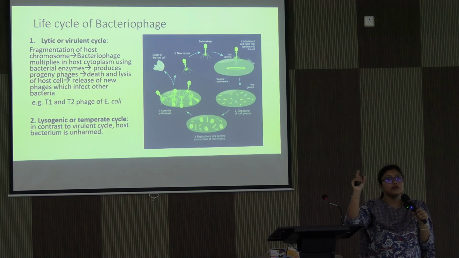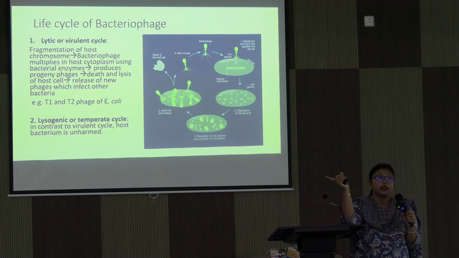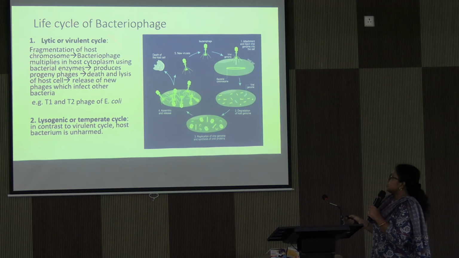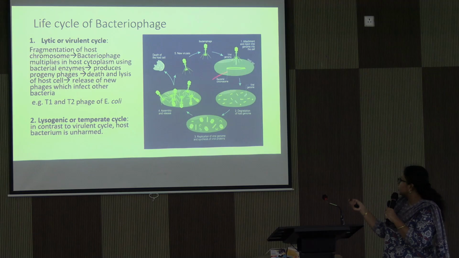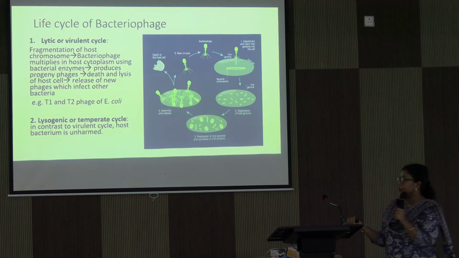So any of the phage that will contain the bacterial chromosome or genetic material will again transfer this to another bacterium. Okay. And this is about lytic cycle. Bacteria is getting lysed. Okay, bacteria is dying.